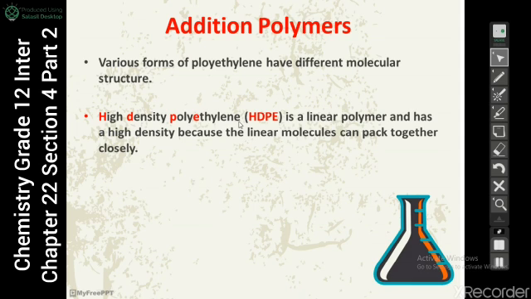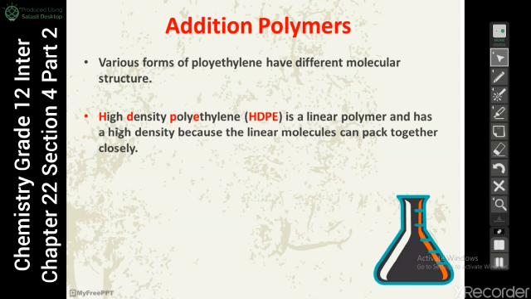High density polyethylene is a very long chain of polyethylene, just a long chain, which is linear, no branches or anything. Ethylene and another ethylene and another ethylene. Ethylene is ethene, right next to each other. So it's a high density because linear molecules can pack together, we can crowd them together.